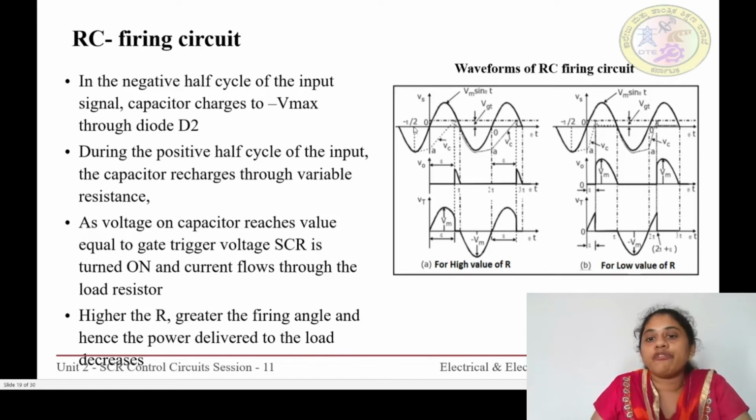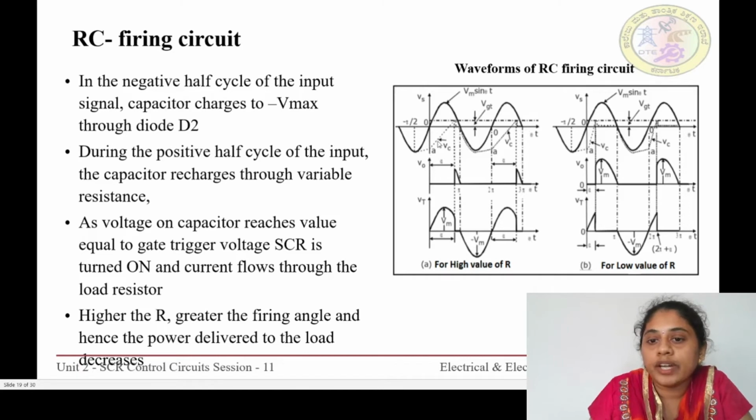This is the waveform, you can see. I'll repeat it once again. The solid line indicates the supply waveform, and the dotted line indicates the capacitor waveform. In the negative half cycle of the supply, the voltage across the capacitor will be minus Vm. Once the negative half cycle keeps on reducing till 0, the voltage of the capacitor retains at minus Vm itself.